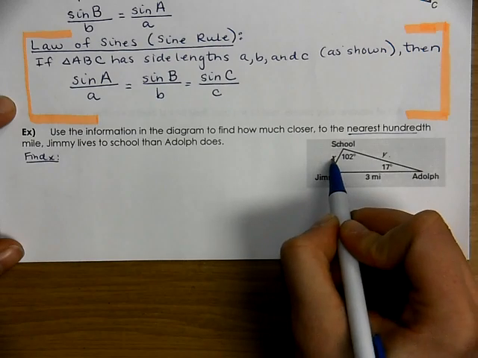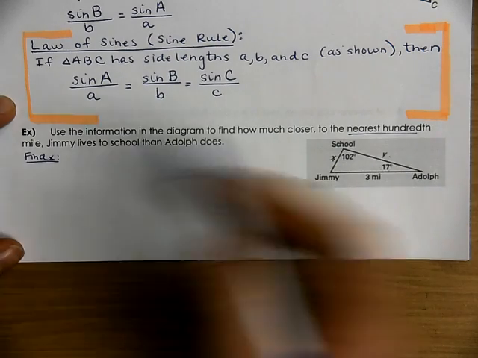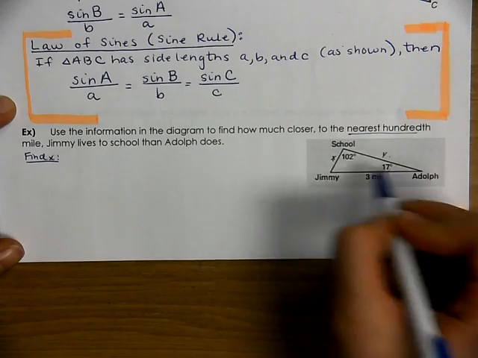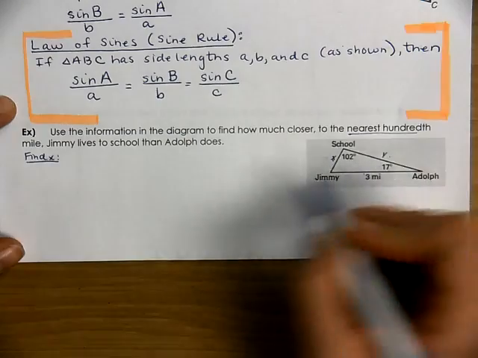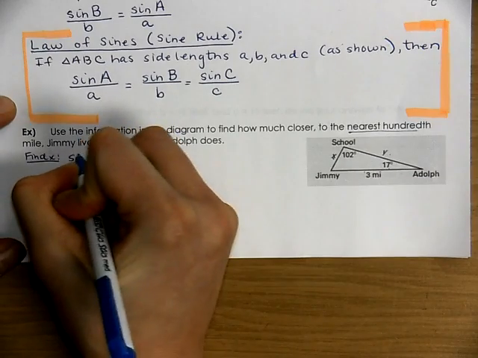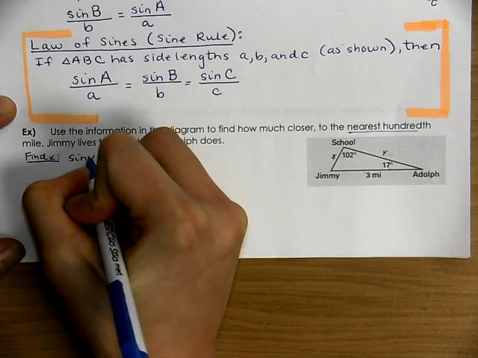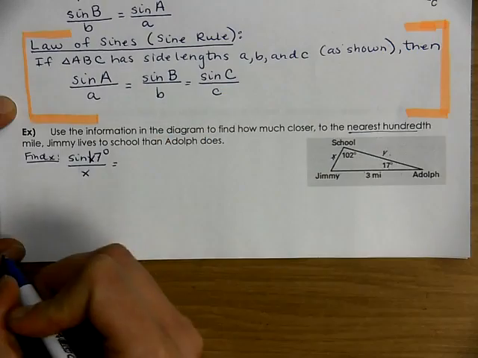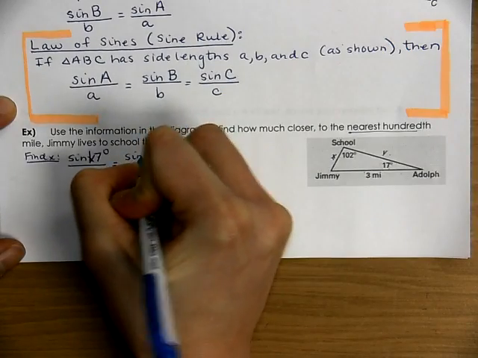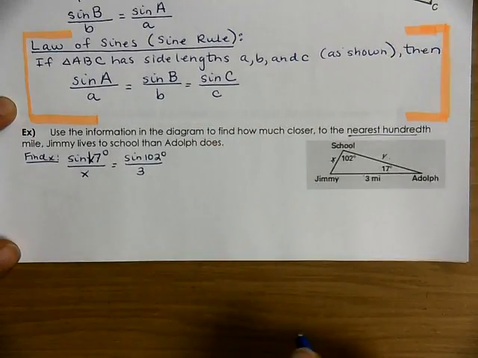In order to do that, opposite x is 17 degrees. I have this side length and the measure of the angle opposite it, so that's one ratio, and this will give me the other ratio. So sine of 17 degrees divided by x will be equal to sine of 102 degrees divided by 3.